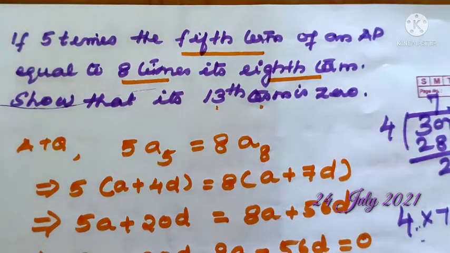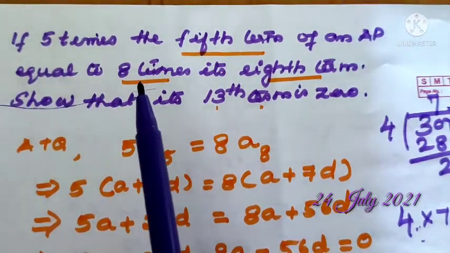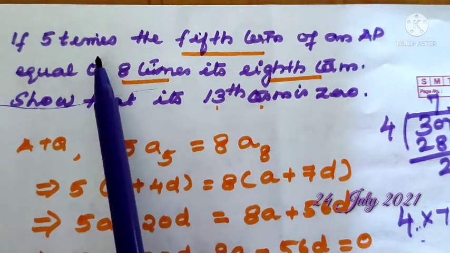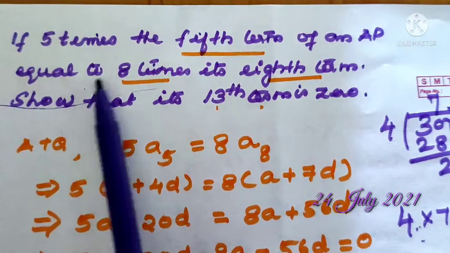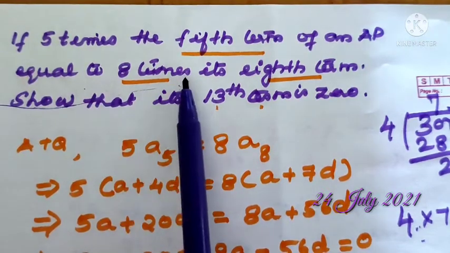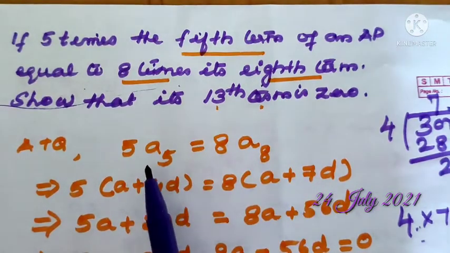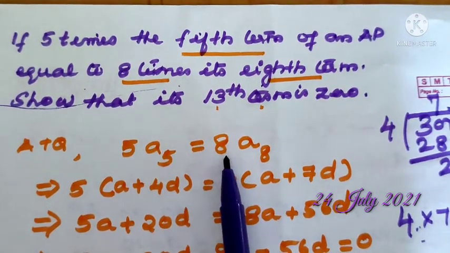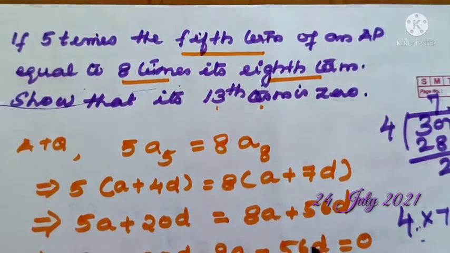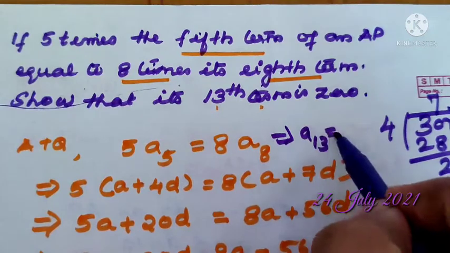Just a reference point. We have done this sum in a previous video: 5 times the 5th term of an AP is equal to 8 times its 8th term. Show that the 13th term is 0. 5 into a5 equal to 8 into a8. In this case we have shown that a13 equal to 0.